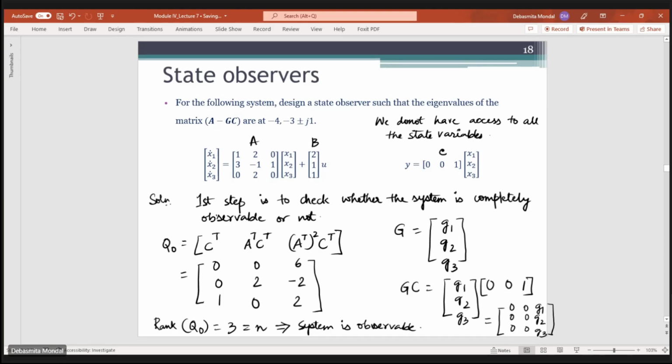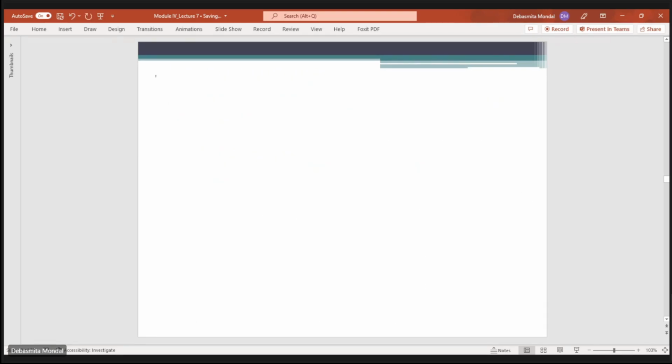So GC is known, A is also known, so you can simply write the value of A minus GC.